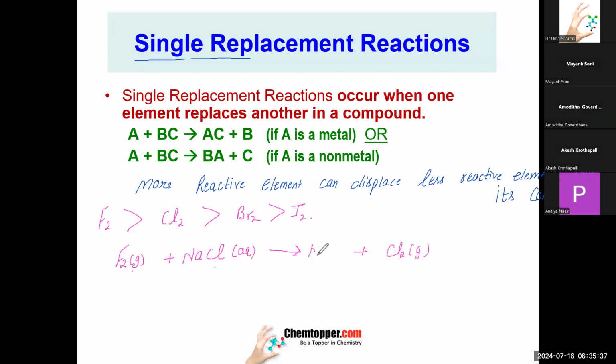And what is formed? NaF, aqueous. Perfect. Cl2, Mayank. There is no Cl, okay? We cannot have Cl. Cl is very reactive. Okay, if I give you liquid Br2 with aqueous NaI, what is formed?